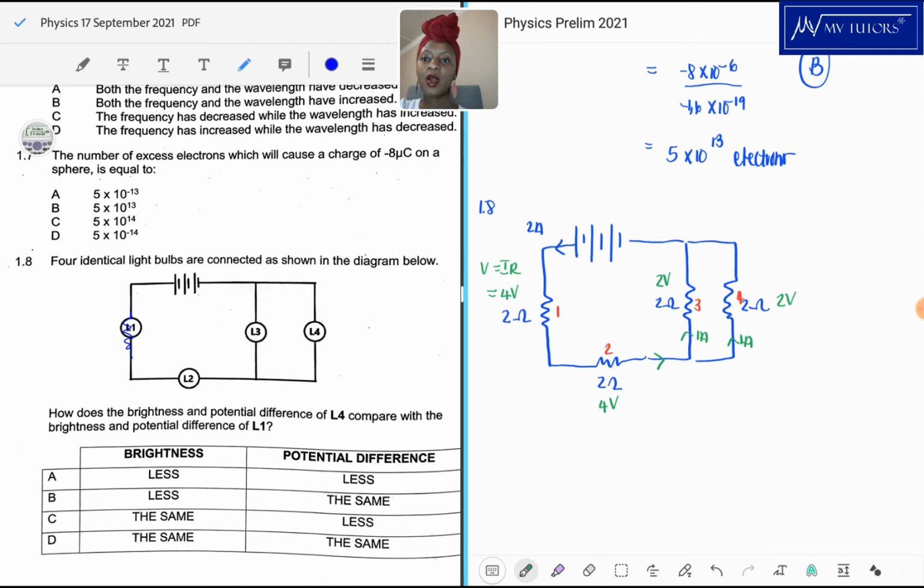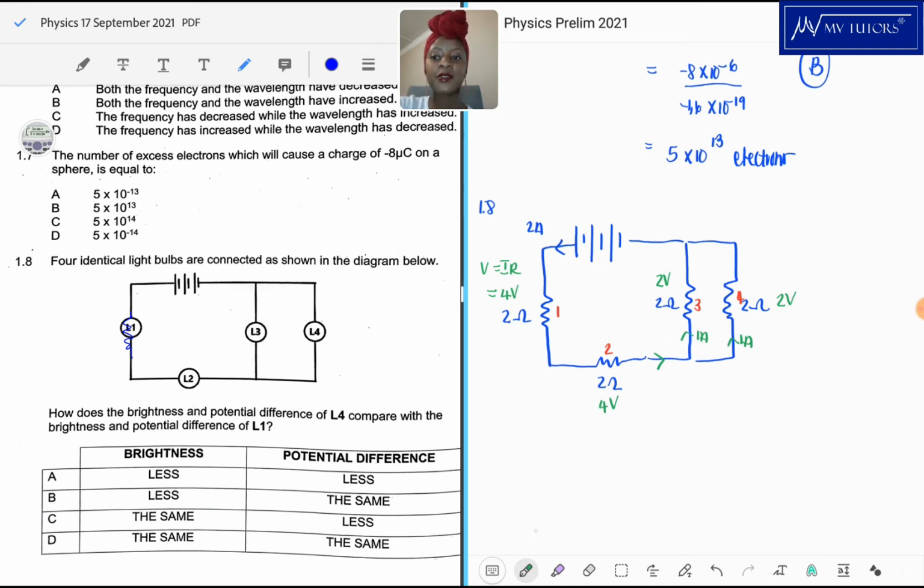So already with the potential difference, we can see that L4 is less than L1. So we have A and B as our options. Now, looking at the brightness. Here you have a lot of resistance. So this is resistors in series.